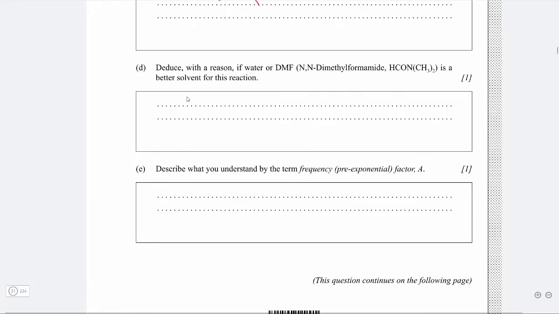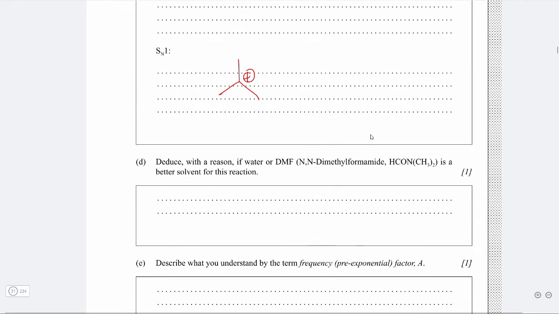Okay, so next one, deduce with reason if water or DMF is a better solvent. So DMF is aprotic, dimethylformamide, and water is protic. It also gives you the structure, which is something like this.